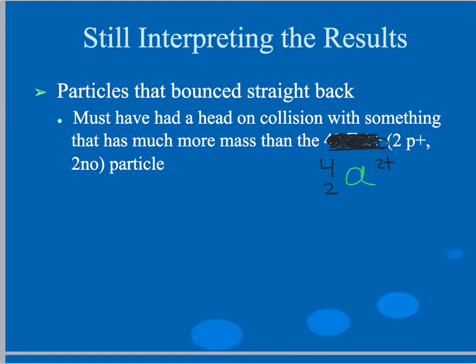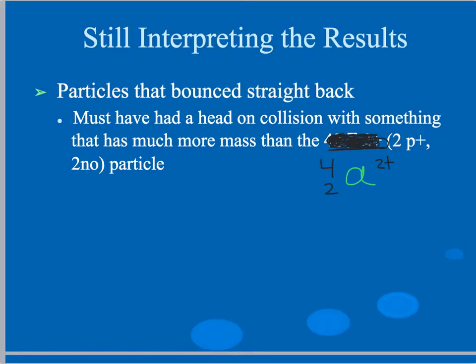With the last group of particles, the particles that bounce straight back, he said that they must have had a collision with something much more massive than the alpha particle. And the alpha particle, they knew at the time, had a 2+ charge, as we said, and it has a mass of 4.